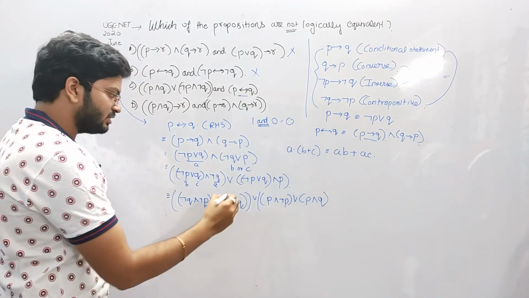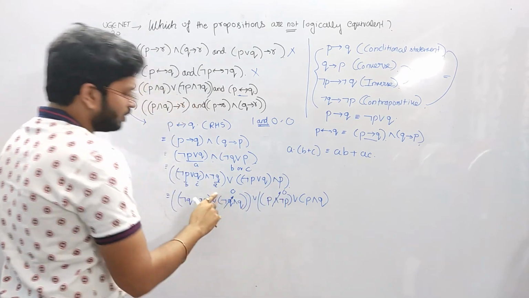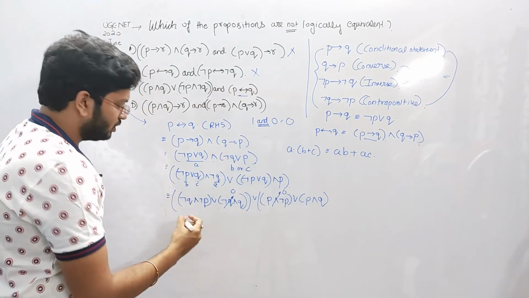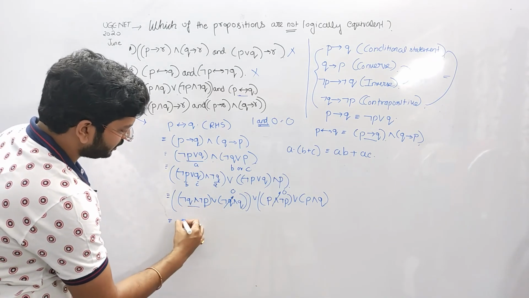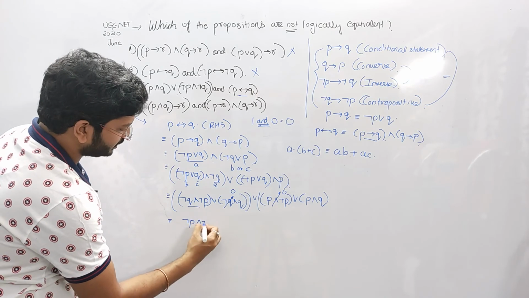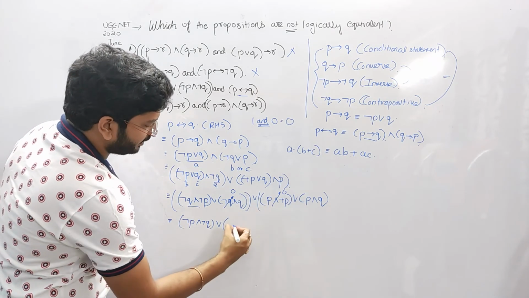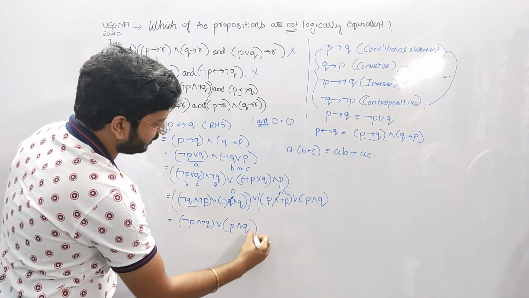So this one will turn out to be 0 and this one will turn out to be 0. 0 or any value is that any value. So here 0 or something will get this value, that is negation P and negation Q, and here or P and Q. 0 or any value is that any value, P and Q.